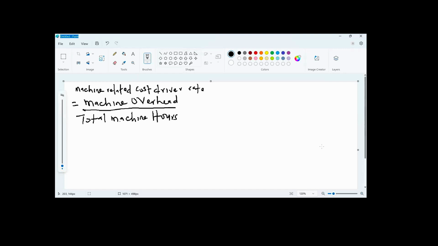My machine overhead is equal to 2,460,000. But I need to calculate total machine hour, right? Now back to the question. I have product A, B, C. Back to the question quickly.